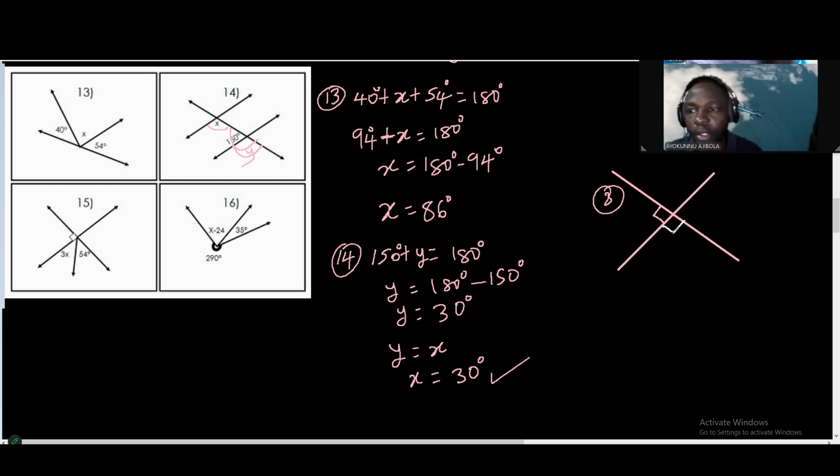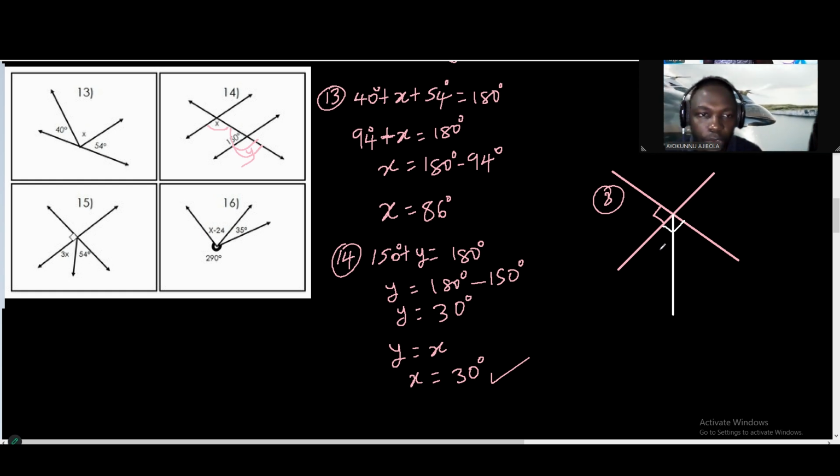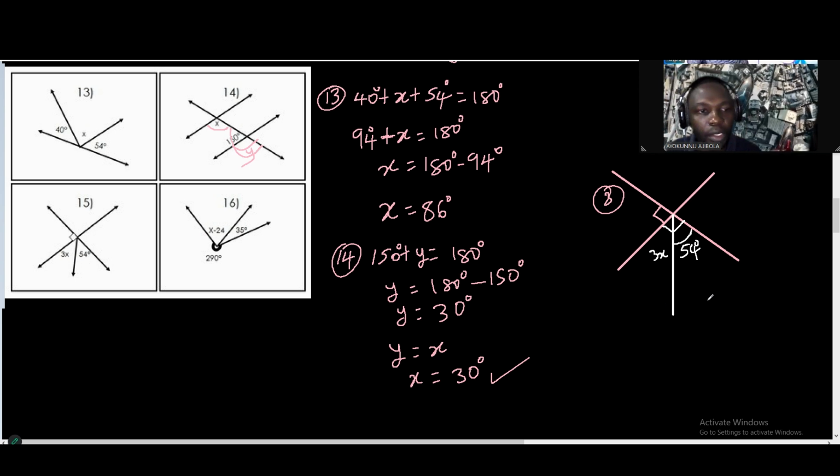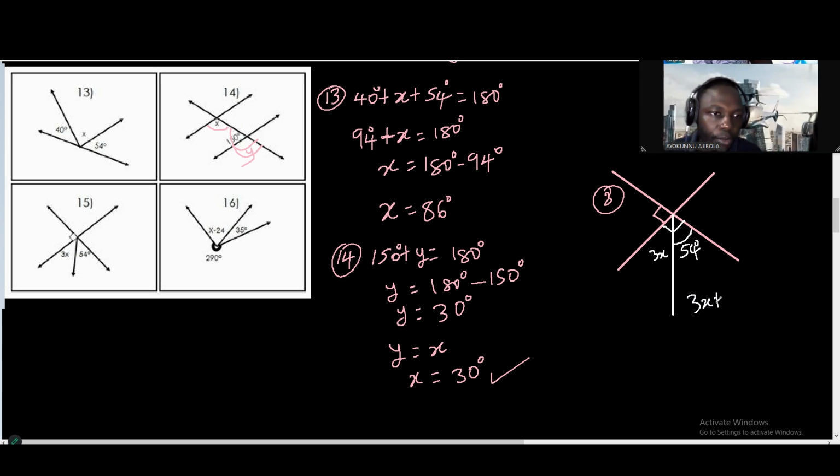And the other 90 degrees has been divided into two, not equal parts anyway. So they call this place 3x and they call this place 54. And you have to find x. Since both of them will give 90, it's easier. You say 3x plus 54 should give us 90 degrees.